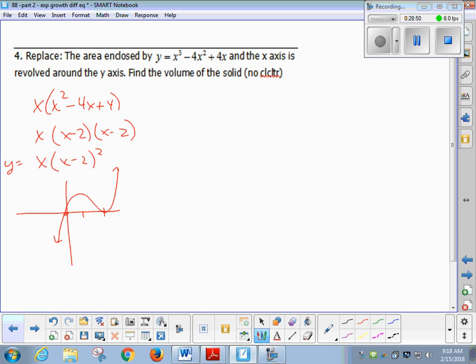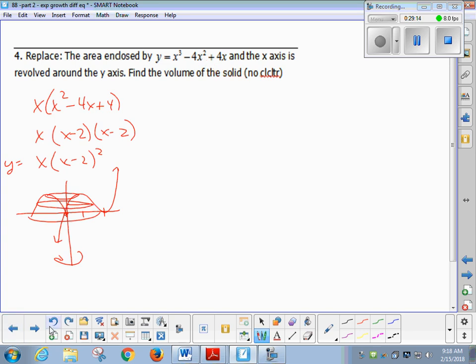If you revolve this around the y-axis, then it would look like that, a bundt cake kind of shape. But the point is that you definitely don't want to use y, because solving this equation for x in terms of y is a non-starter. It's just not going to happen. You've got to use x.